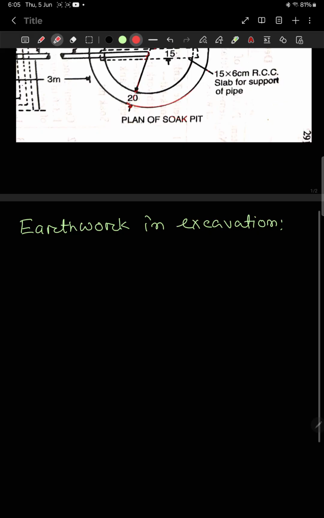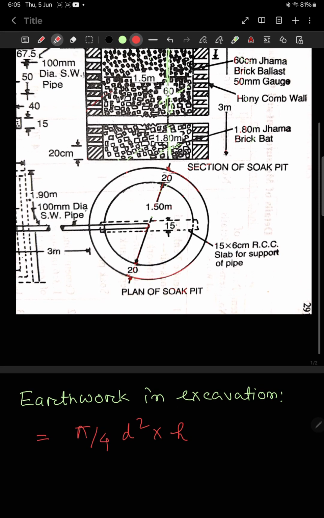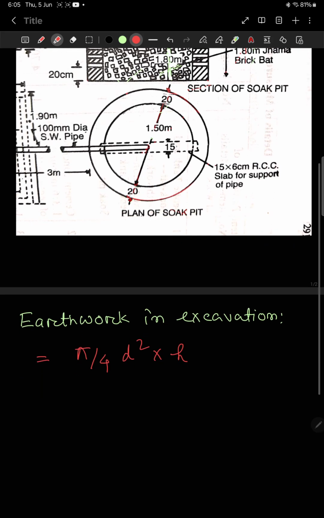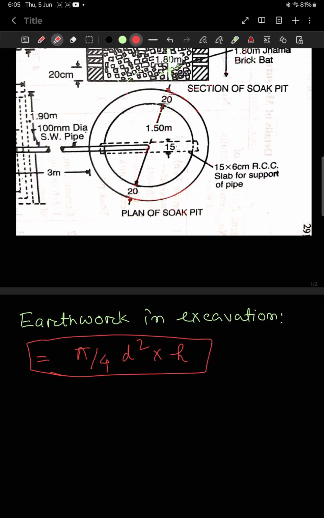So earthwork in excavation will be pi by 4 d square into h. That is the volume of a cylinder, isn't it? As this is a cylindrical shape, we will have to apply the formula of cylinder. This is the total volume of a cylinder, isn't it?